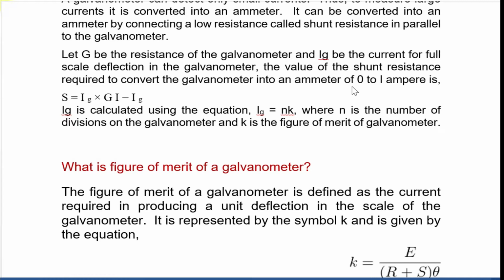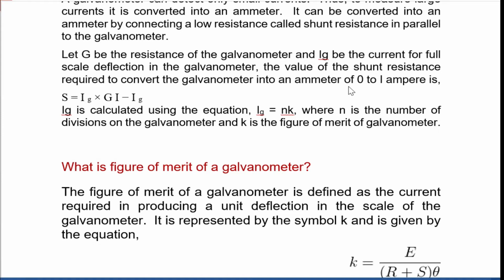Let G be the resistance of the galvanometer and Ig be the current for full scale deflection in the galvanometer. The value of the shunt resistance required to convert the galvanometer into an ammeter of 0 to I ampere is S = Ig G / (I - Ig).